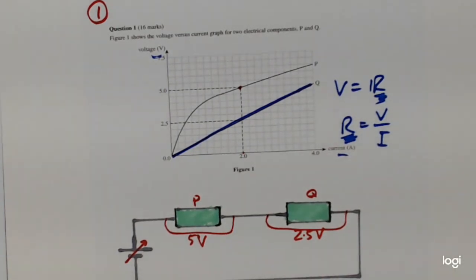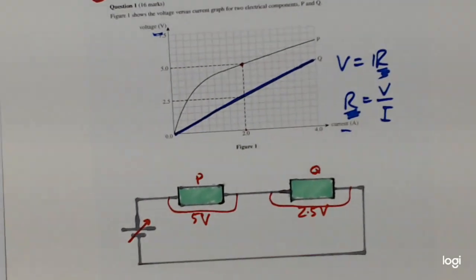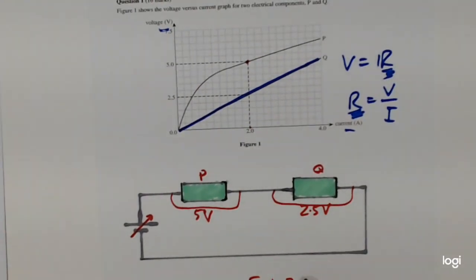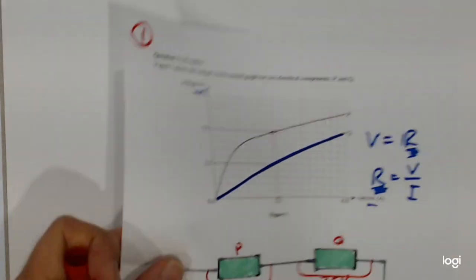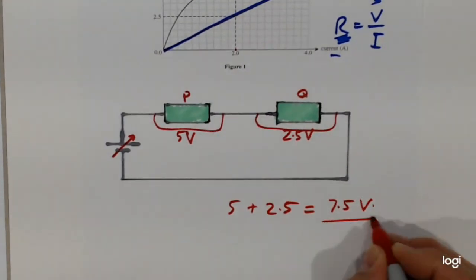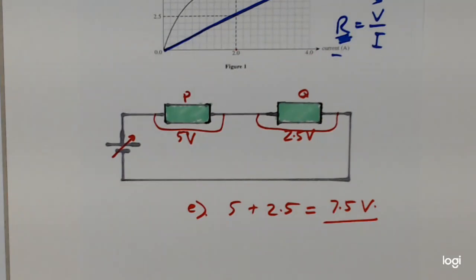There's nothing else on the circuit that can take voltage away. So if 7.5 volts is being used, 7.5 volts must be being supplied. So the answer to question E is just you add them together. There you go. So that's part E. This is a reasonably quick question to do.